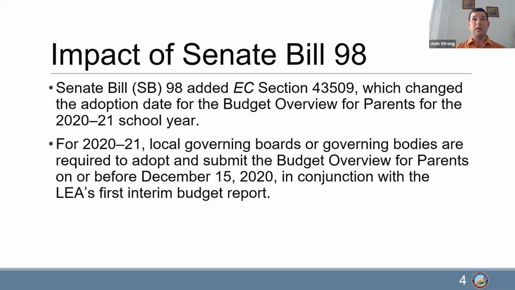Then there was the COVID-19 written operations report, and then the legislature passed Senate Bill 98, approved by the governor, which put in place the requirement for the Learning Continuity and Attendance Plan, or Learning Continuity Plan, which is due on September 30th of this year. And so because of that, the budget overview for parents was not going to be put in place as part of the LCAP development cycle. So what we're discussing, next slide, please.